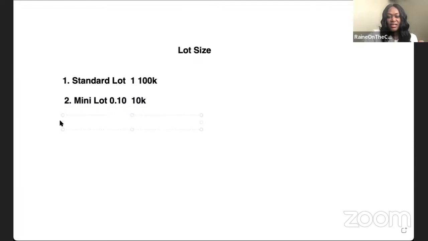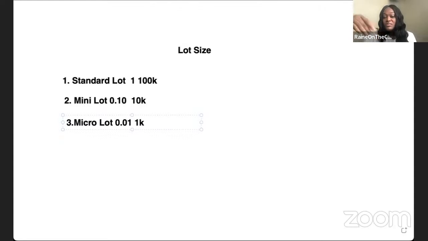And then the micro lot is 0.01. That's the micro lot. And that's 1,000 units.